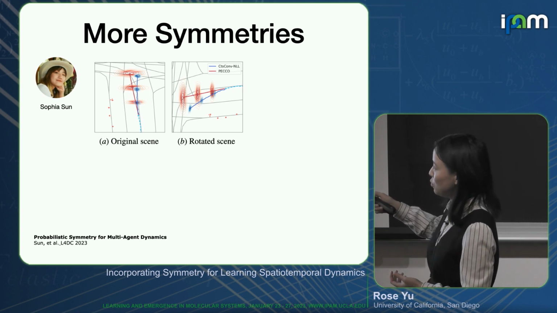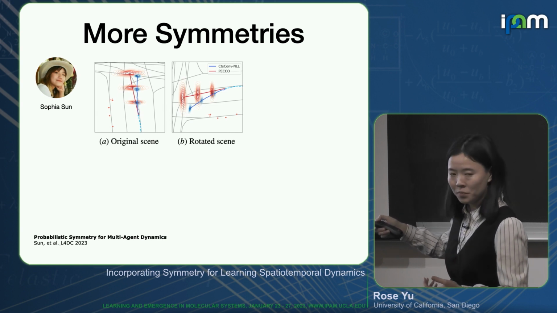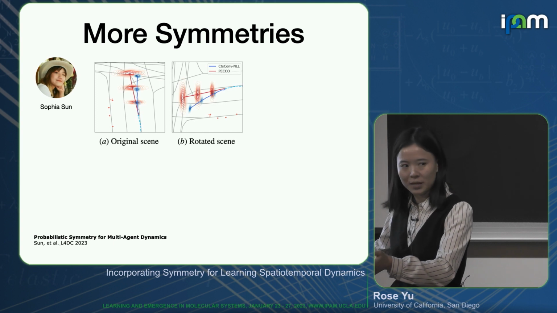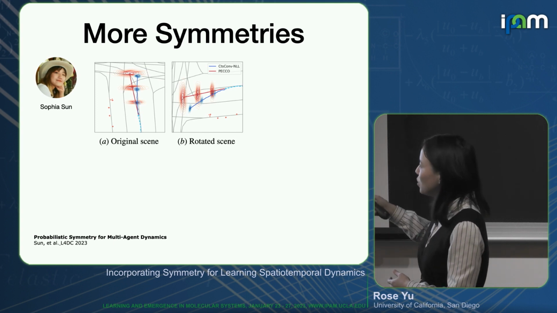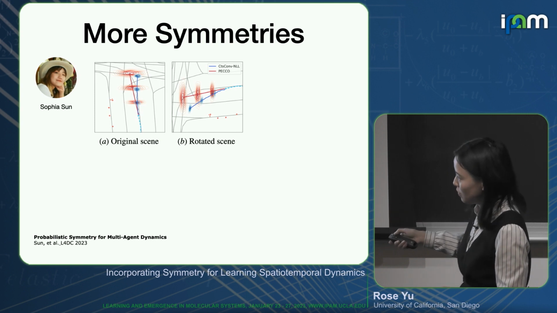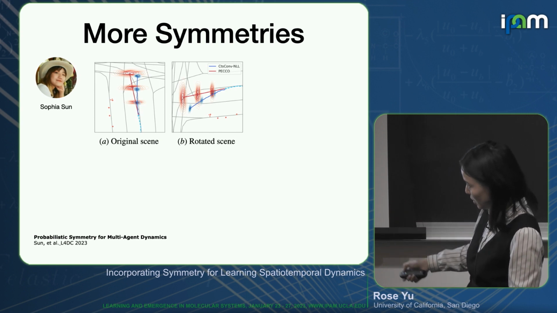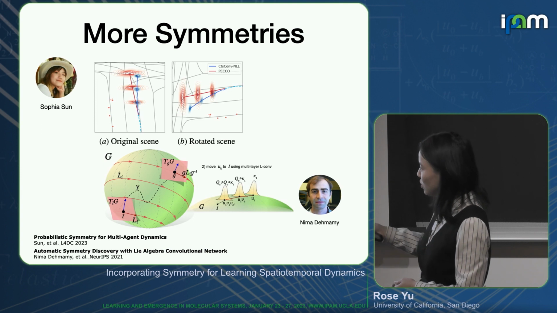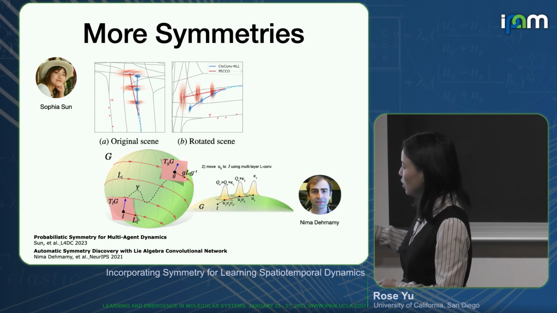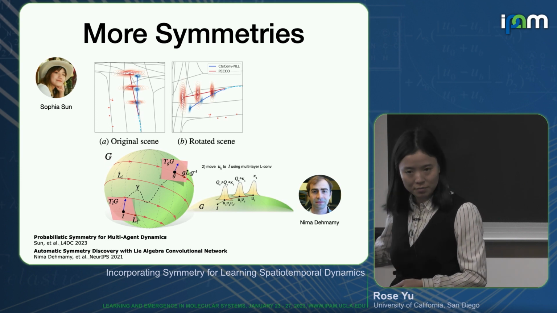We wanted to generate this type of uncertainty for trajectory prediction, because uncertainty is very critical for decision-making or control algorithms. Then we use symmetry to improve uncertainty quantification in multi-agent dynamics modeling. We also use symmetry to discover symmetry. We have some early work with NEMA to discover symmetry using Lie algebra generators.